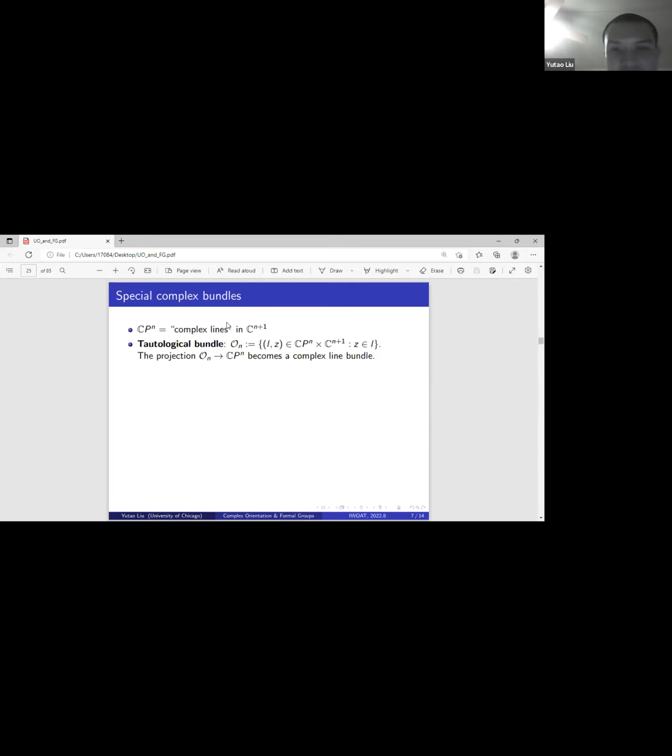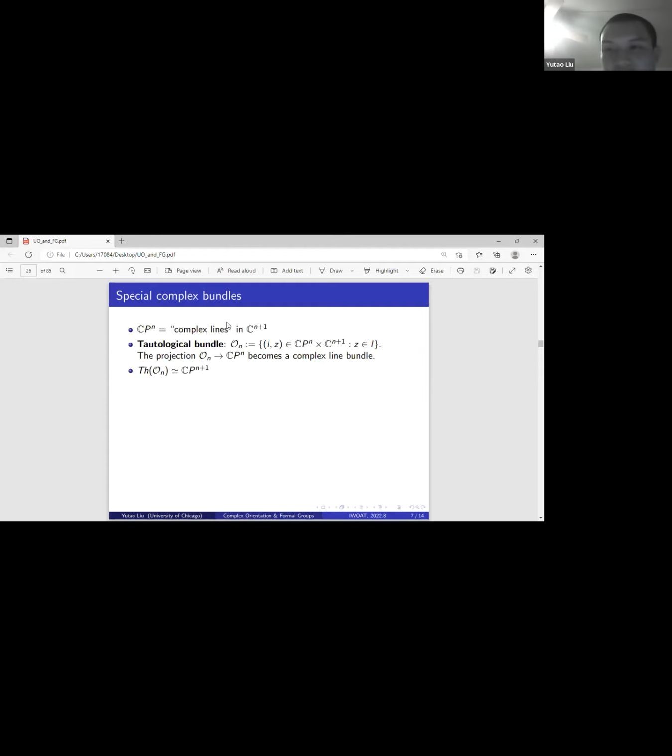So the idea here is, if you want to get a complex orientation on a cohomology theory, basically you only need to find a nice choice of the complex orientation on all the tautological bundles. Moreover, you can further simplify such a choice using the cohomology of the direct limit of these complex projective spaces. So there are some observations about those tautological bundles.